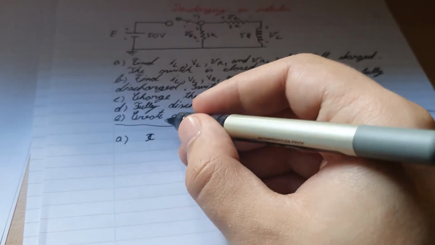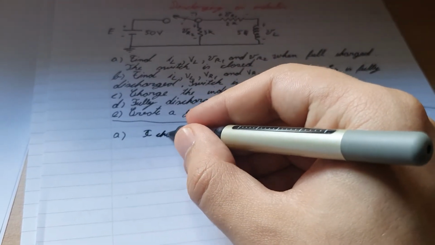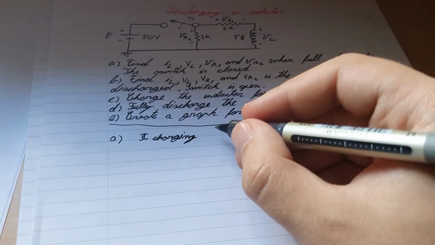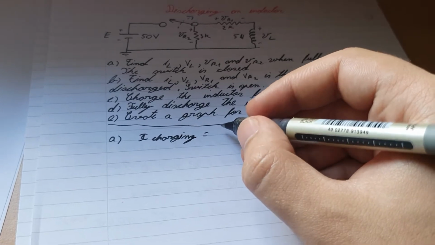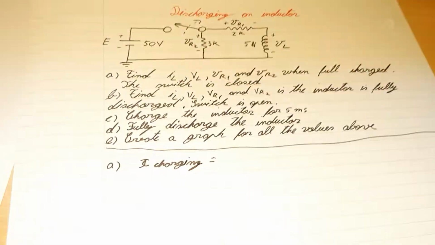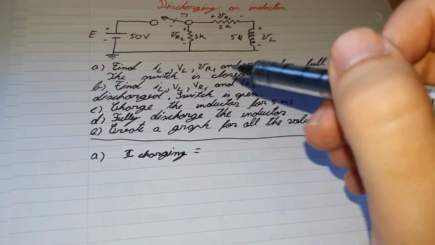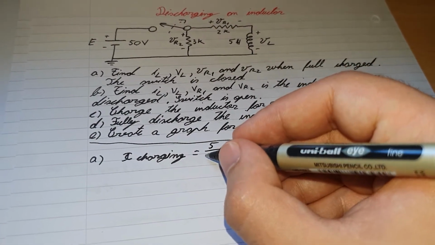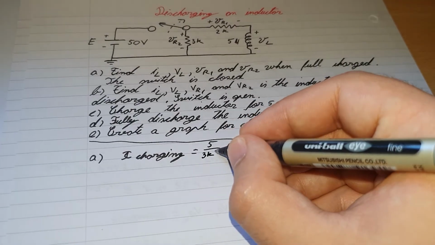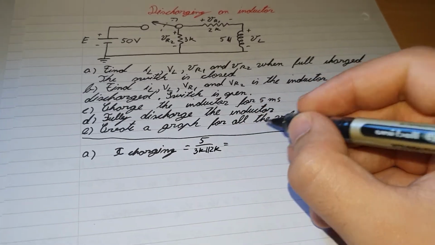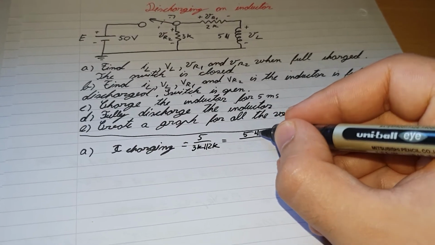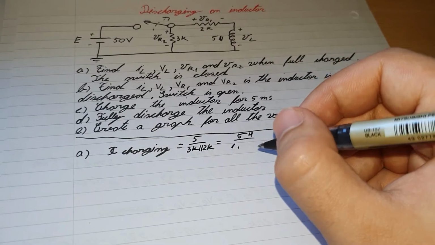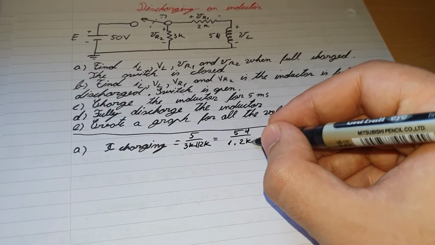So because the switch will be closed, the time constant for charging will be equal to the number of henries, which will be 5, divided by the resistance, which will be in total 3k in parallel with 2k, and that one will be equal to 5 henries divided by 1.2k ohms.